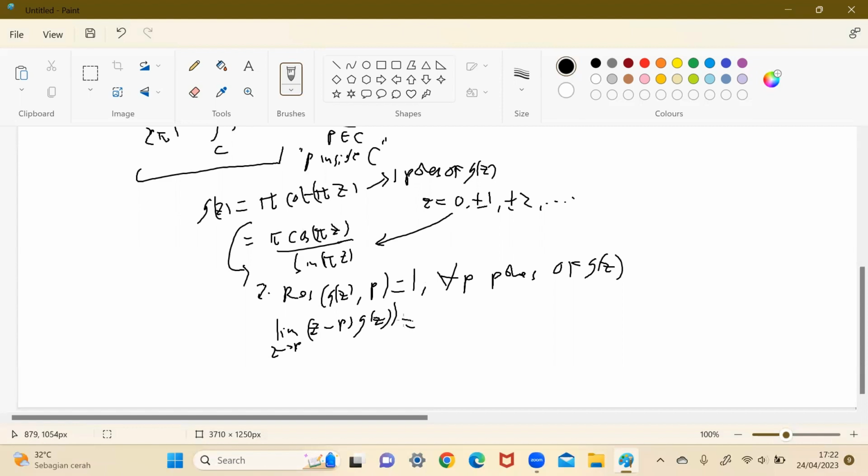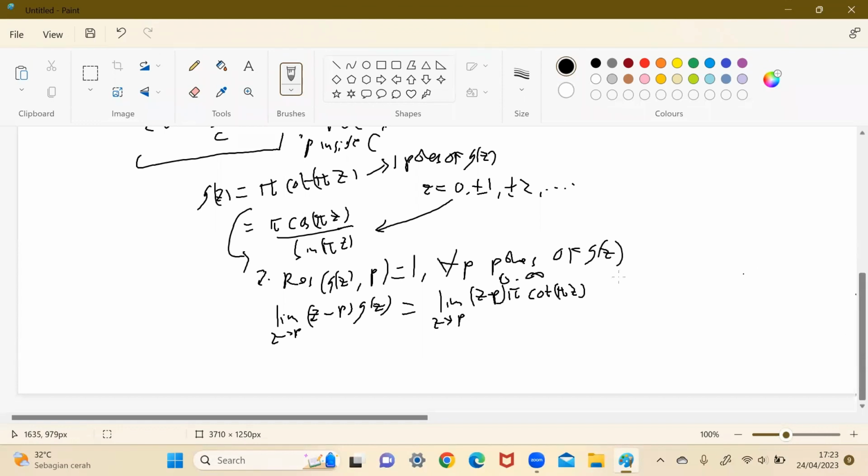So here we have the limit as z approaches p of (z minus p) times pi cos pi z over sine pi z. If you substitute z equals p directly into the limit, you get a 0 times infinity indeterminate form.